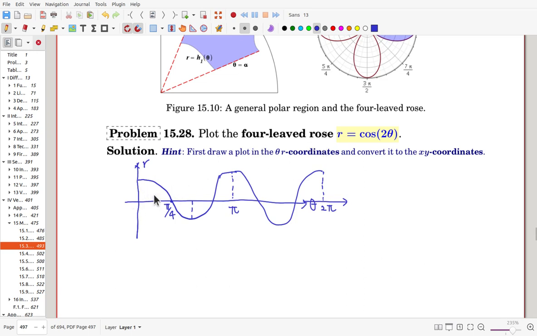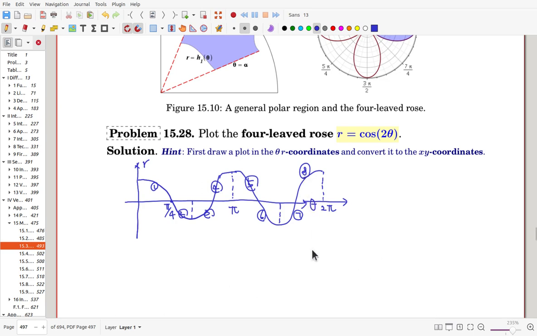Now we have to convert it to the xy coordinates. In order to do that, let's name the parts. This portion is the first, that is the second, third, fourth, and fifth, and the sixth, seventh, and eighth.